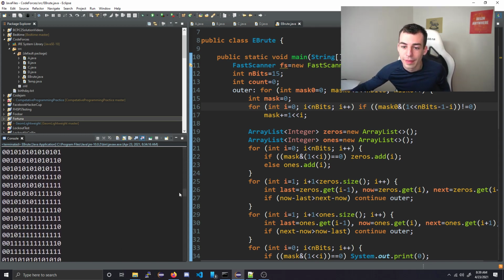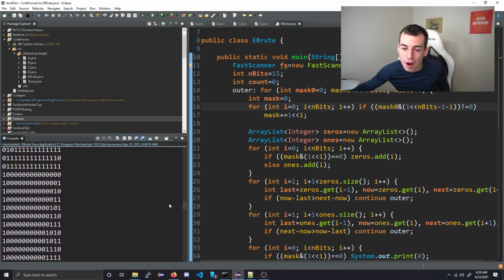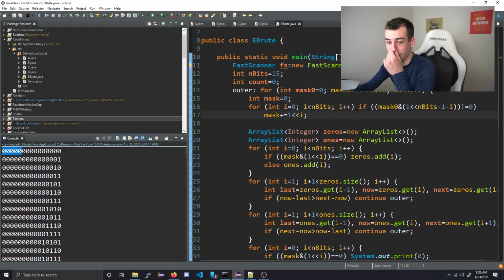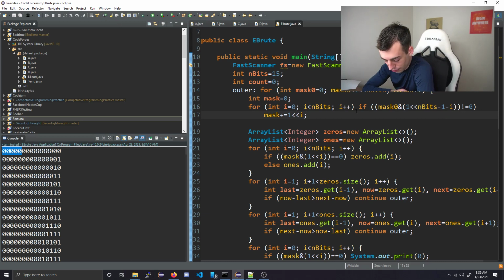Oh boy. Oh, lots of cases. Okay. So if we brute force the first 2 things and the last 2 things, we can figure it out.